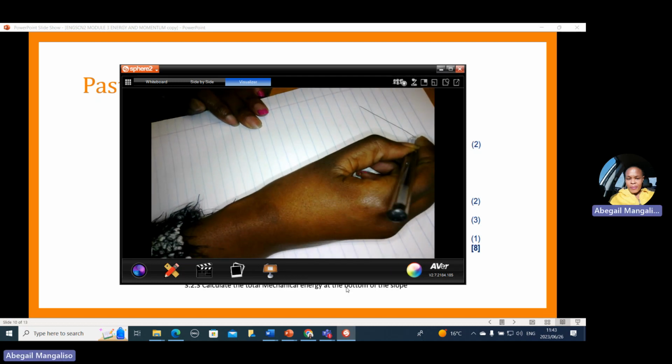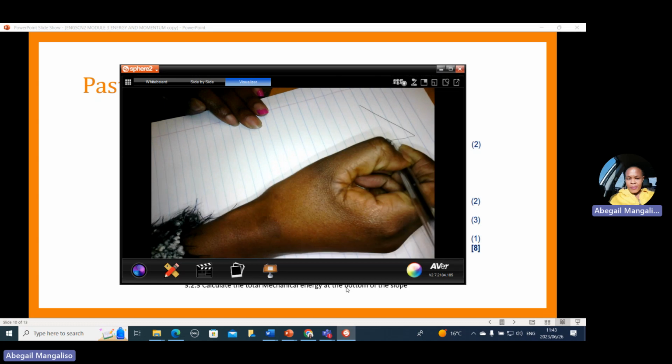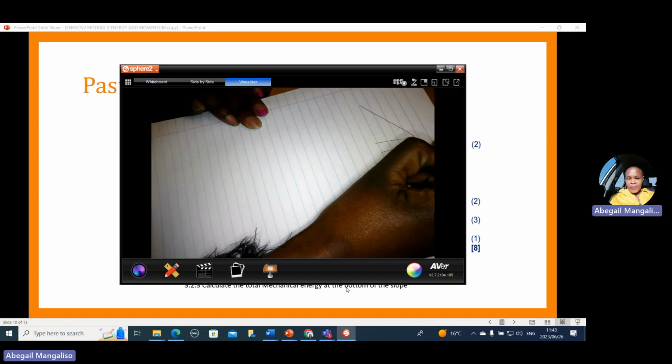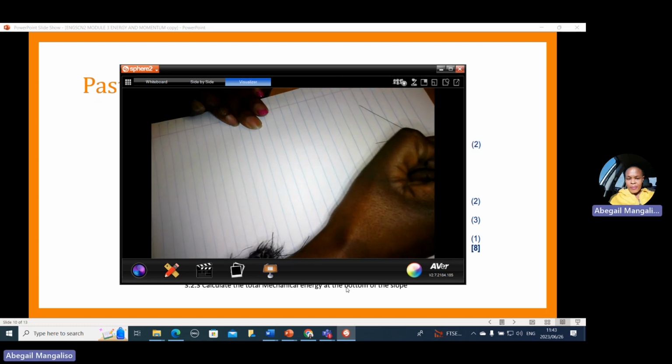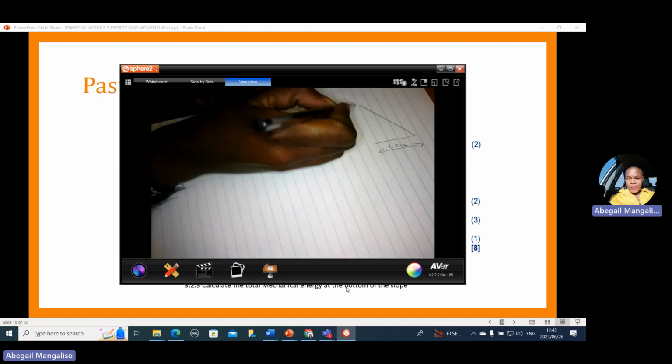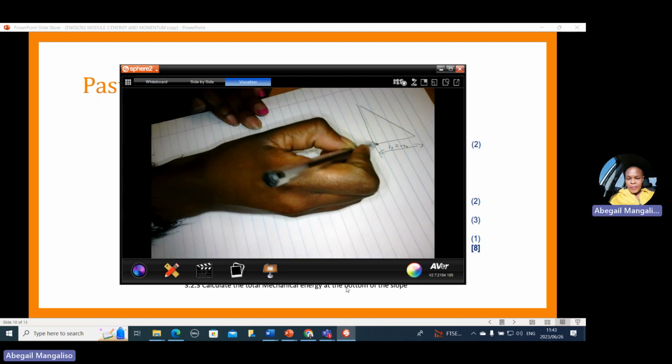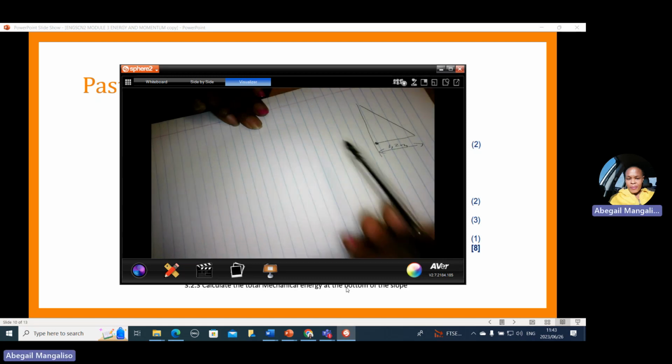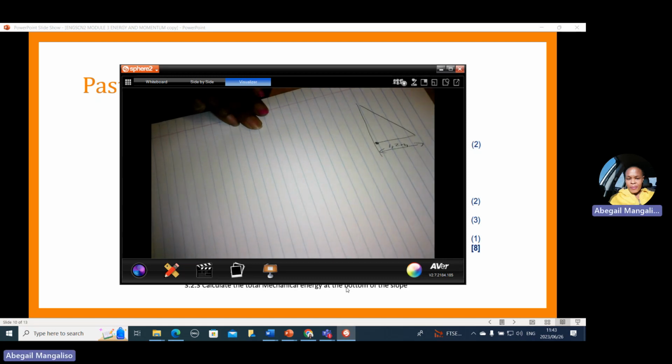The top part is 1.2 meters, so from here to here it's 1.2 meters above the ground. So the height is given for this question. In the previous activity the height was not given, we were given the slope. Okay, let's go back to the question.